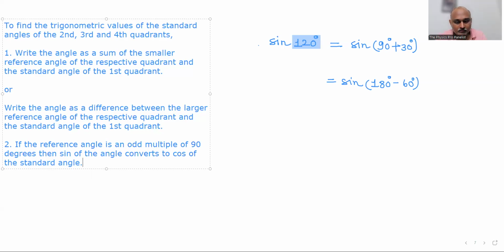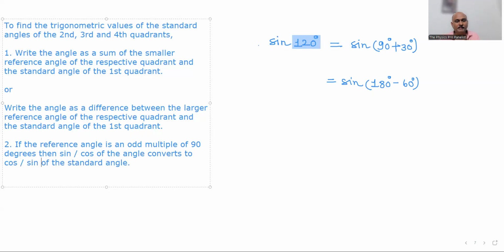Or, if it is cos instead of sine, then cos of the angle converts to sine of the standard angle.